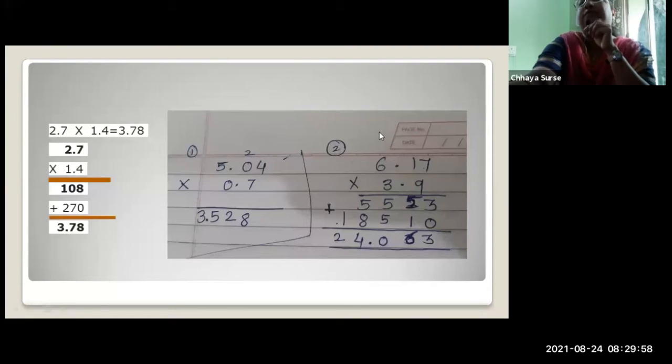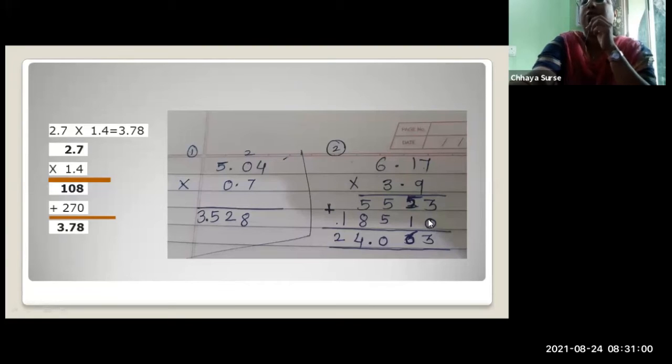So 5 will be here and 1 will be carried over. 9 sixes are 54, and 1 was carried here, so 54 plus 1 is 55. So 617 multiplied by 9 is 5,553.